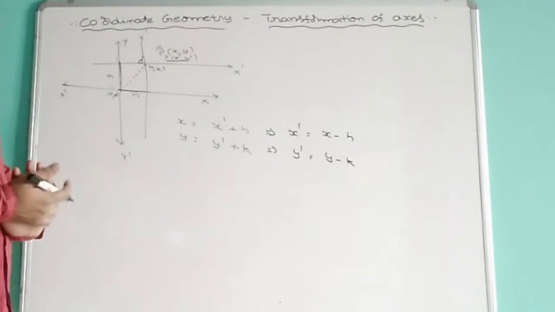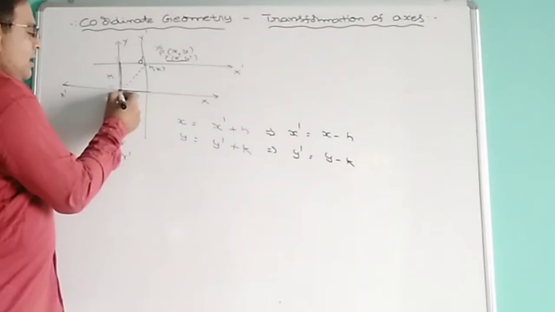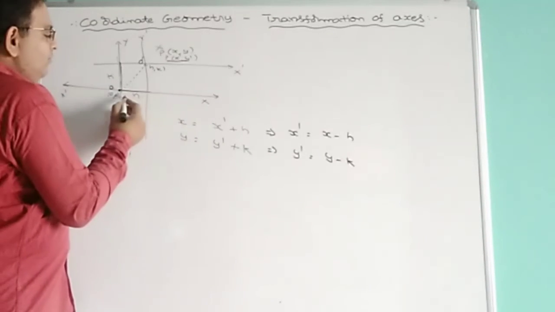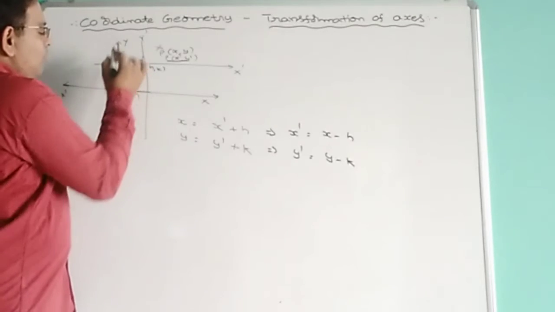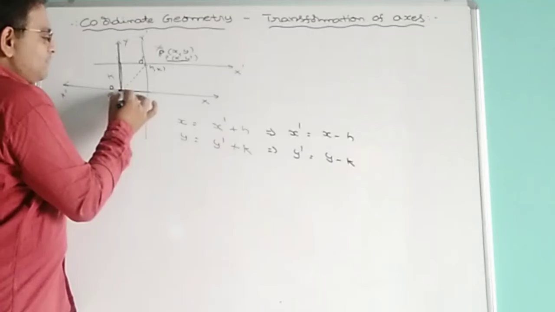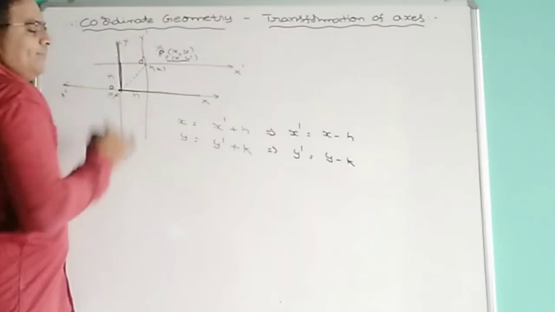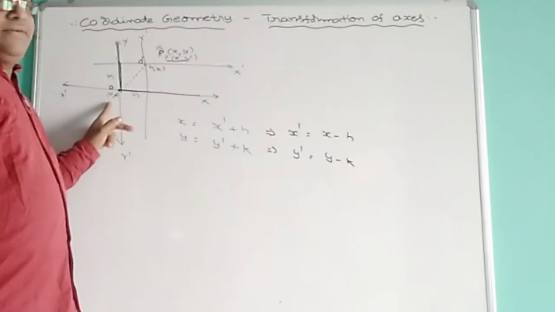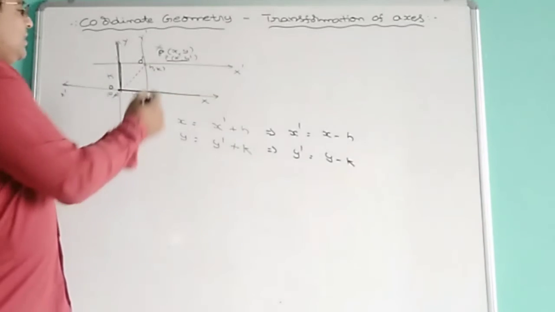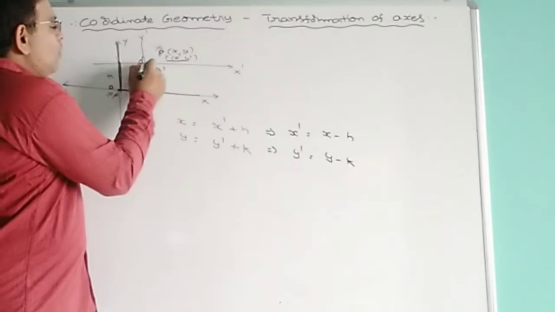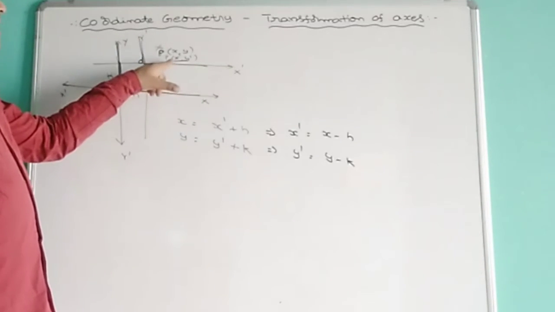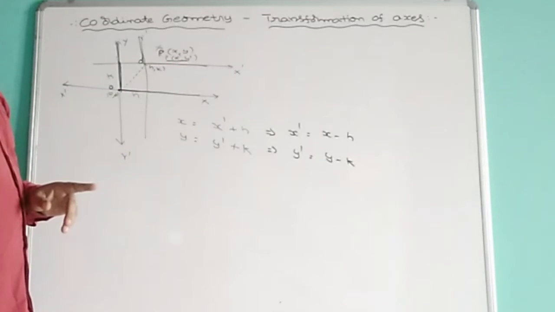Once again, the origin is O(0, 0), and P(x, y) is the point with respect to OX and OY. This origin is shifted to the point h comma k. Then the new axes are O dash X dash and O dash Y dash, and the point is treated as x dash comma y dash.